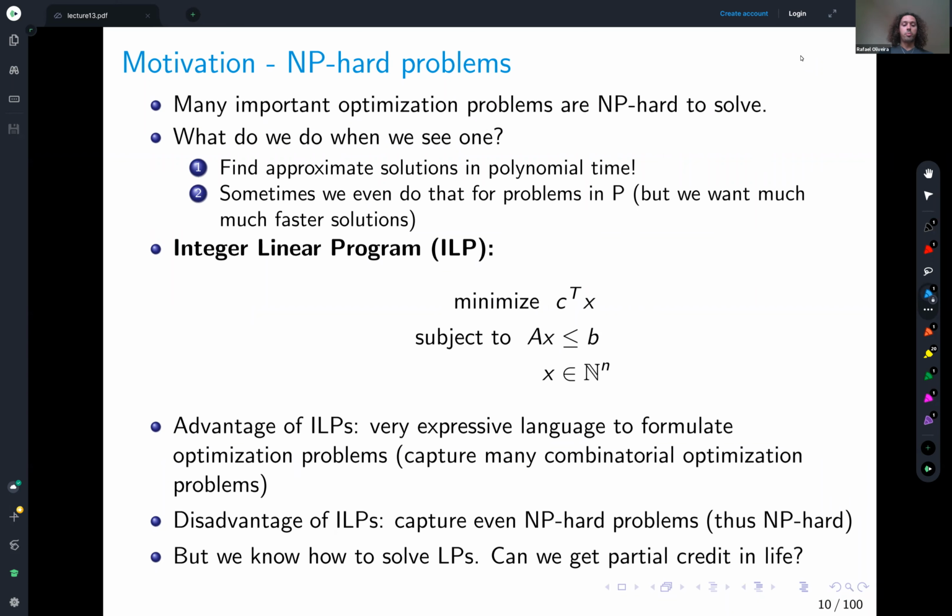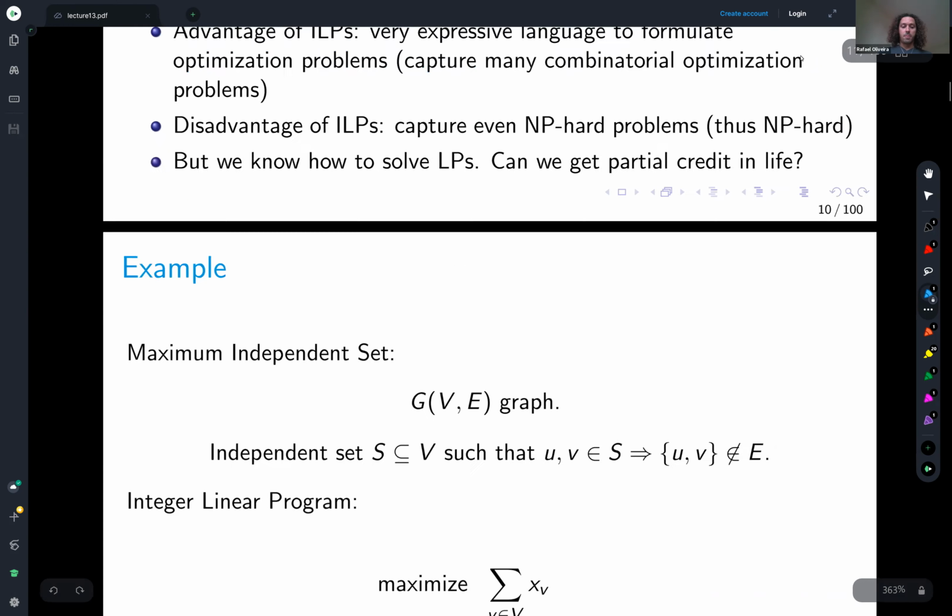They capture lots of cool problems. The disadvantage is that they're NP hard, but we know how to solve something that's very close to an integer linear program. As we saw, we can find a solution which is very close to the optimum of the integer linear program. But the question is, can we get this partial credit in life? And that's what we're going to talk about: how to solve the LP and use that solution to find an integral solution which is good. May not be optimal, but it will be good.